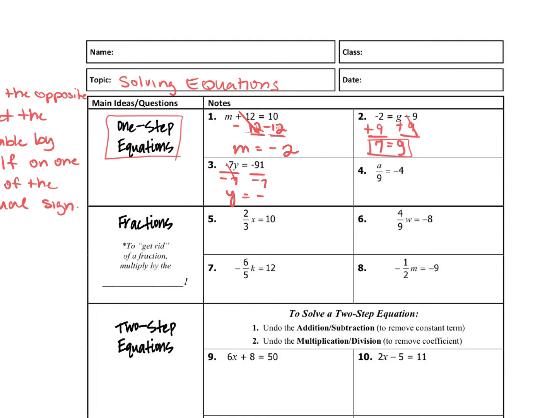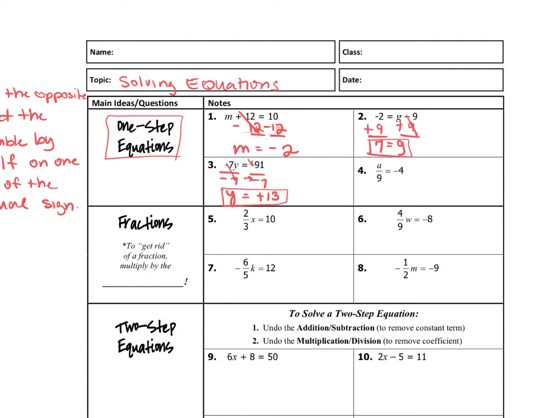Negative, it's going to be +13, because a negative divided by a negative is a positive.